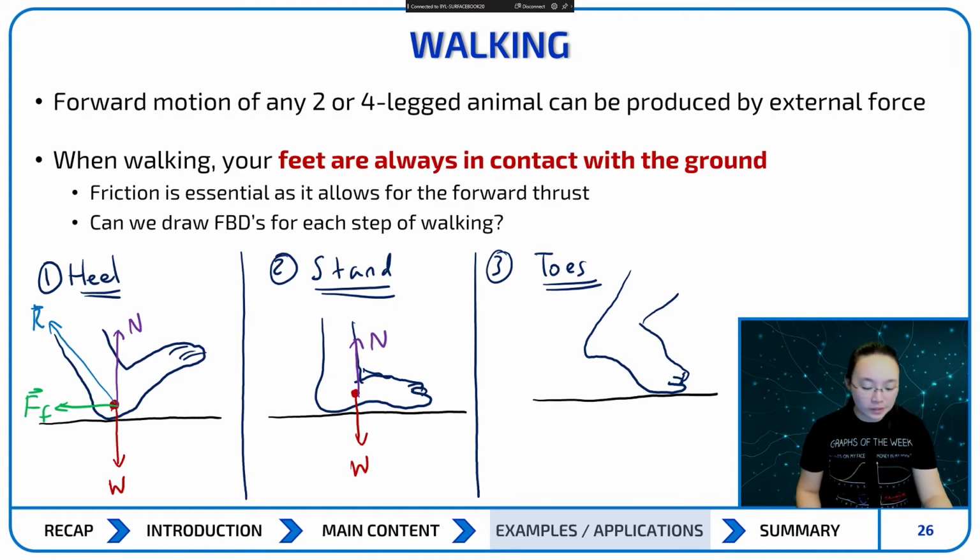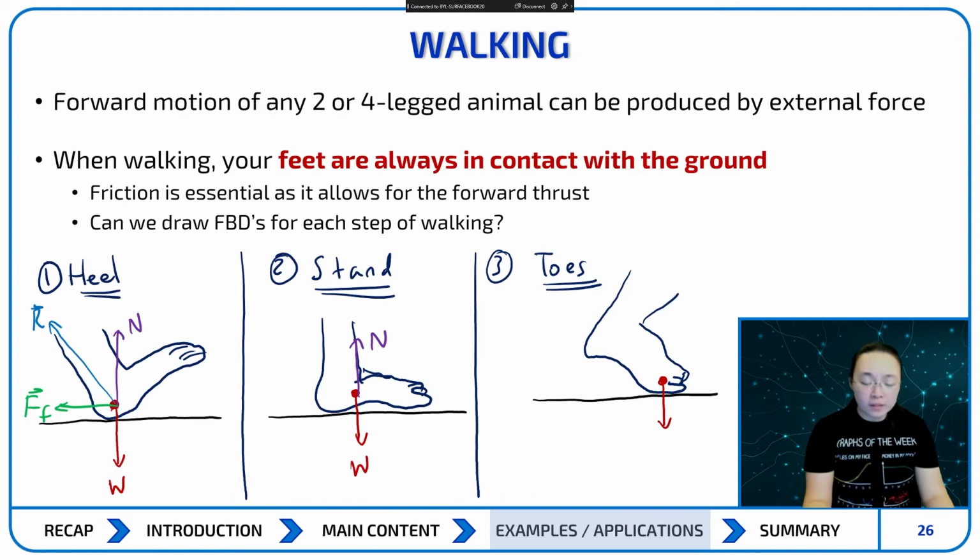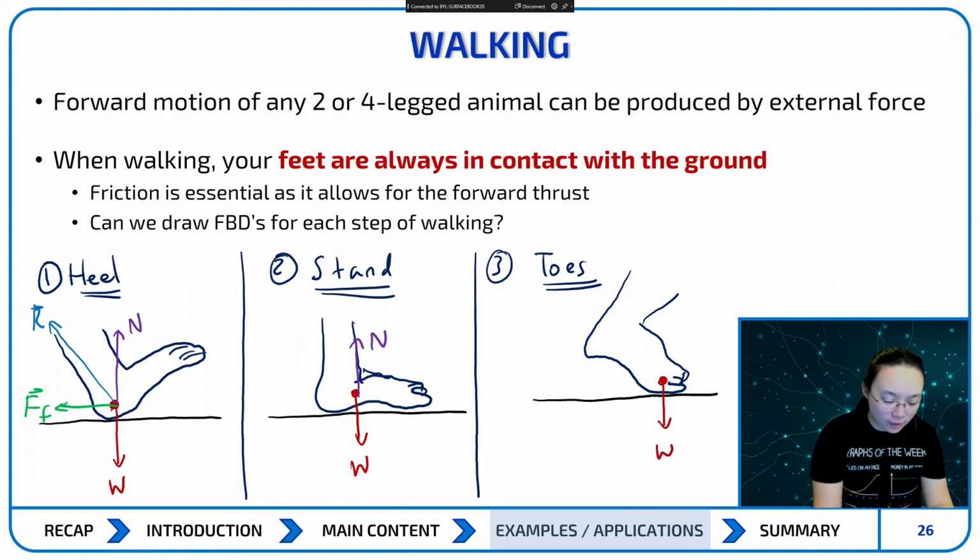Those are my toes. Obviously, you're going to have weight again, and then you're going to have a normal force acting from the ground on your feet. So that's going to be N.